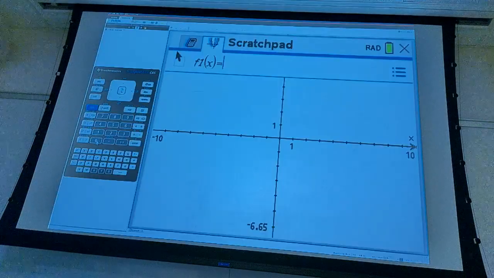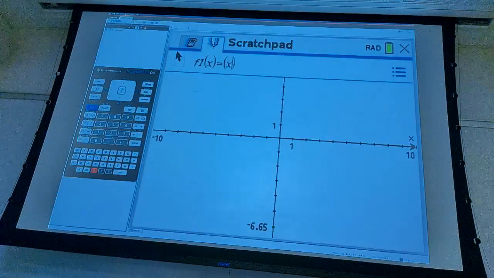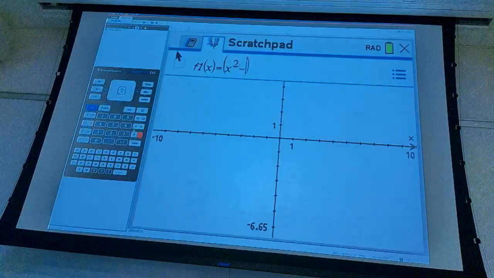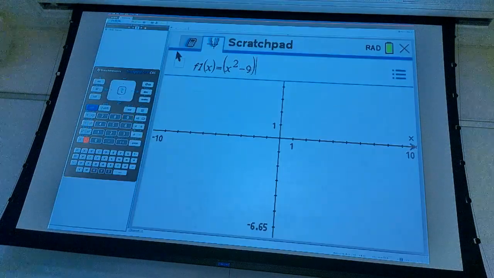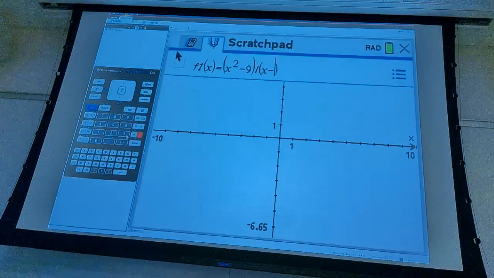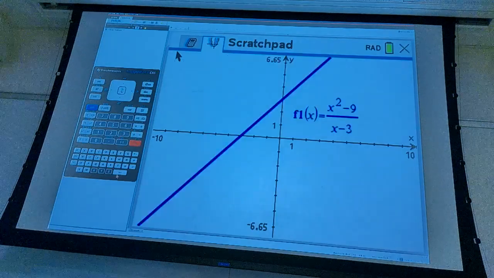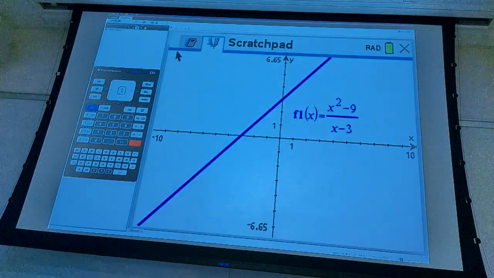Let's plot the function. Of course, there is a problem. The calculators do not plot holes. So you just have to keep that in mind.